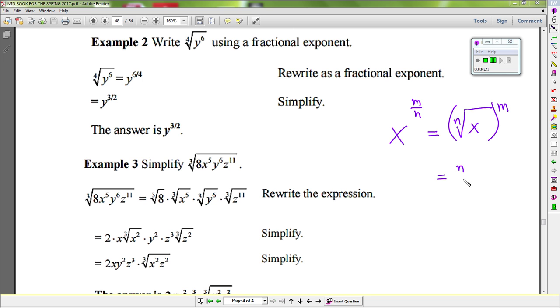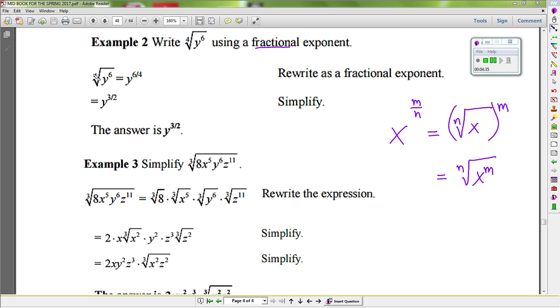Or you can write that as n root of x to the power m. Okay. So we're going to apply it here. Here we want you to write from the radical to a fractional exponent.